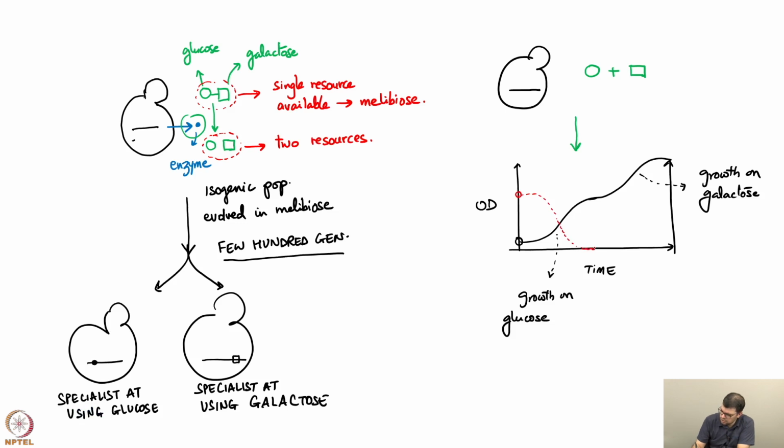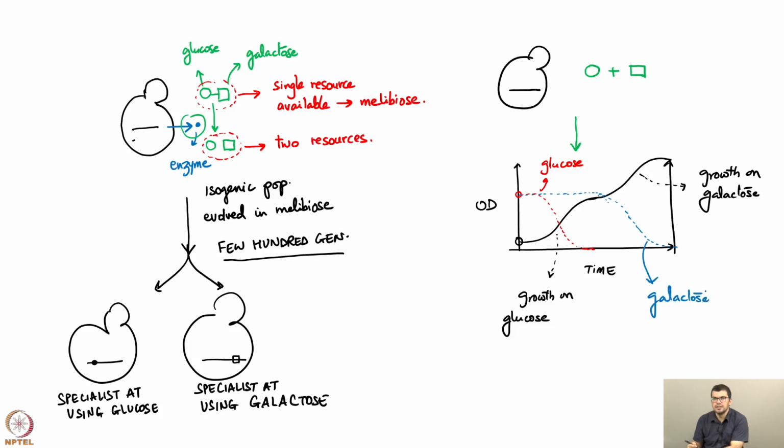All the glucose is gone by the time growth on glucose is done. And if I am tracking galactose, the galactose profile looks something like this. And this is how galactose is going to get used.